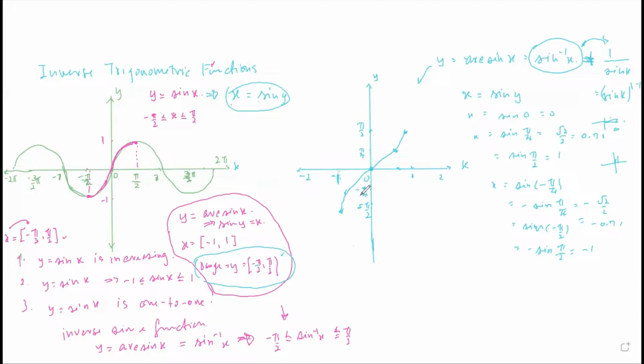Everyone get the idea? Maybe my graph is not really nice, but the main thing is to try to understand why the inverse sine function has to have a restriction on the value of y. And then just swap the values, swap x to y, y to x.